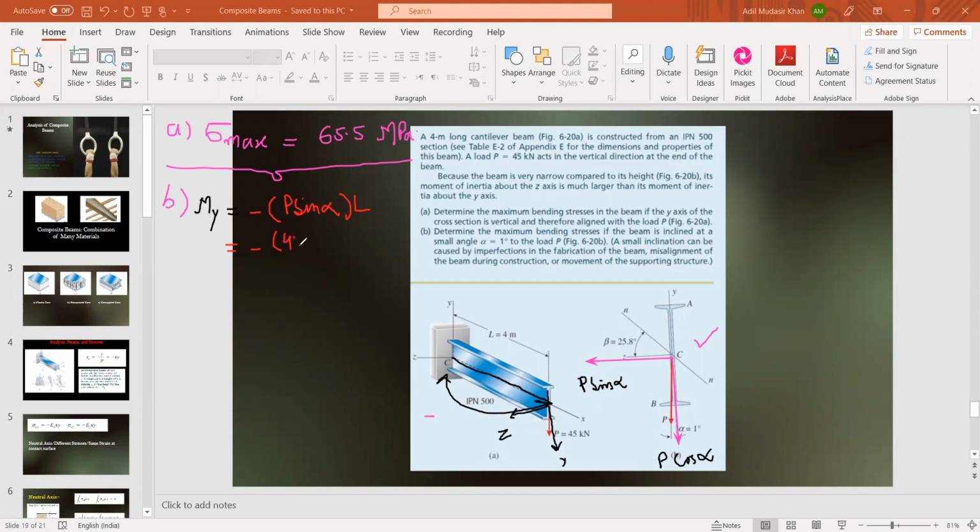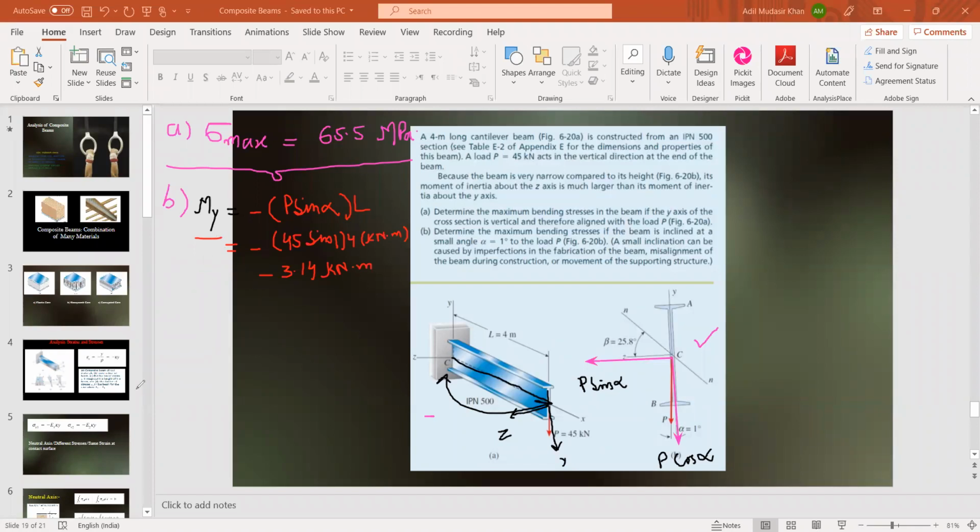So it is 45 kilonewton sine of 1 degree, and length is 4 meter. The unit is kilonewton, okay, so you have kilonewton and meter. Fine. So this comes out equal to minus 3.14 kilonewton meter. Minus 3.14 kilonewton meter is the moment along y-axis.